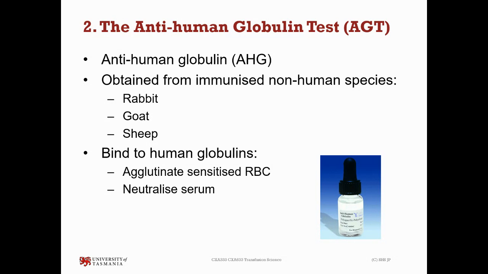We usually use the anti-human globulin test to agglutinate our sensitized red cells, that is, red cells that have got IgG on them. You can see here that it's also used to neutralize serum. Now, I must admit, I've never used this reagent for that purpose. It may be that there are other industries or specialties where they do that, but I've only ever used the anti-human globulin in the Coombs test.